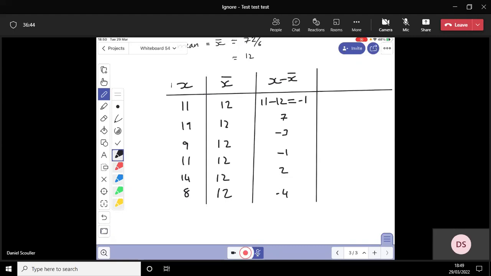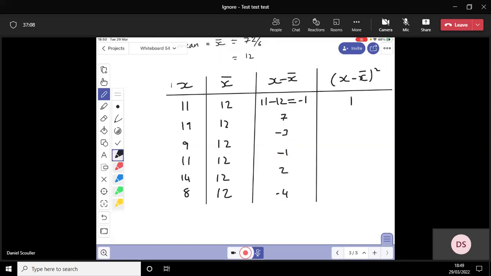And your last column is x minus x bar squared. So those numbers squared. When you square a negative, it becomes a positive.